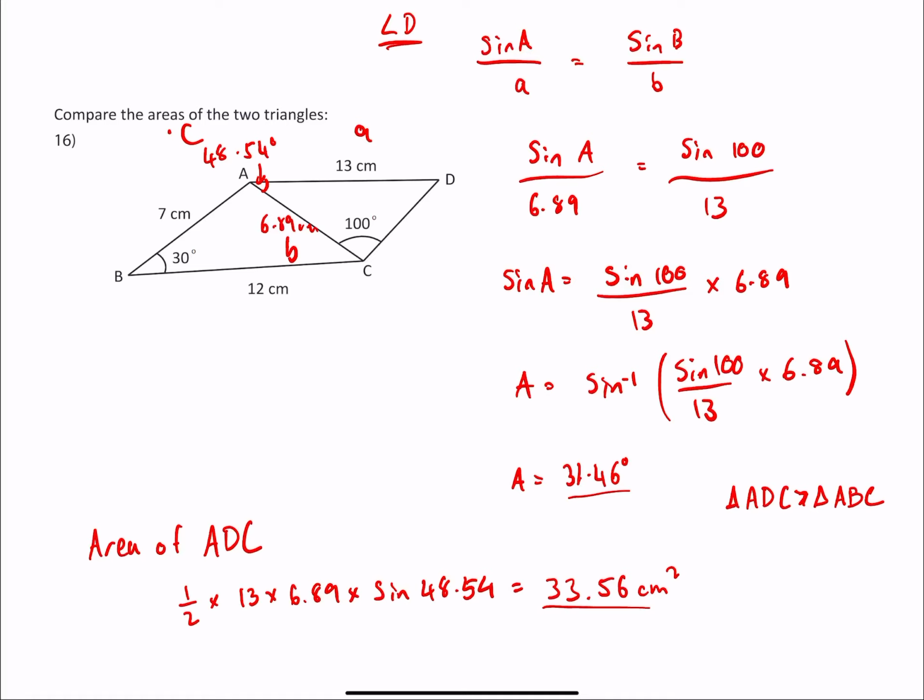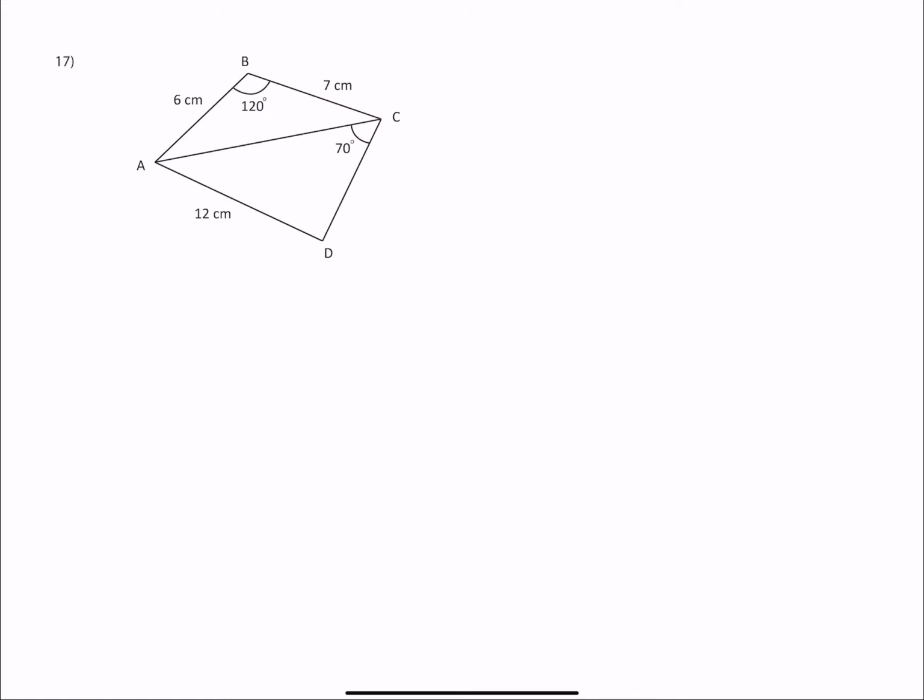So area of ADC is greater than area of ABC. Okay, have a go at this question yourself, see if you can get it, and I'll go over it again in a second, so just pause the video.